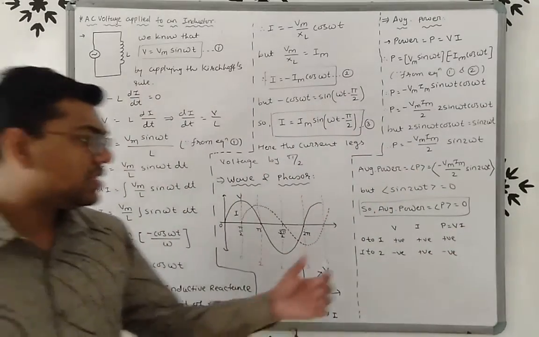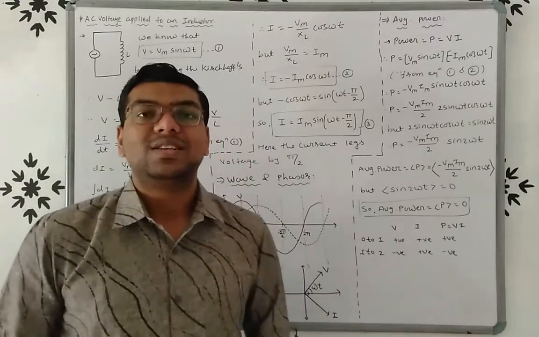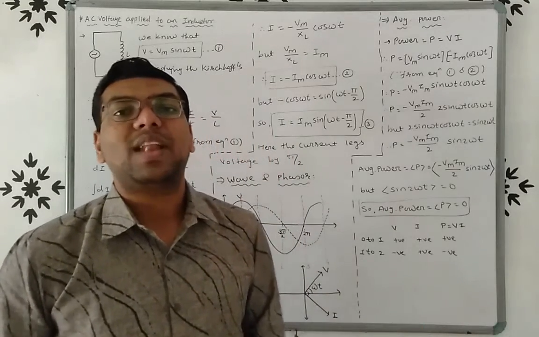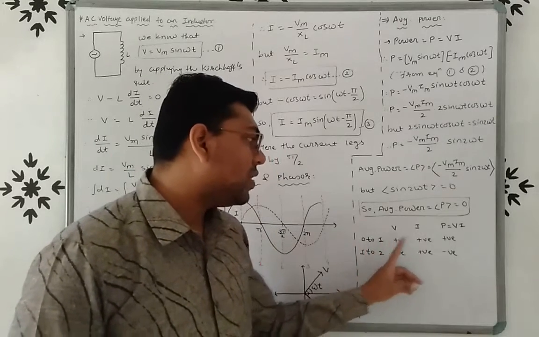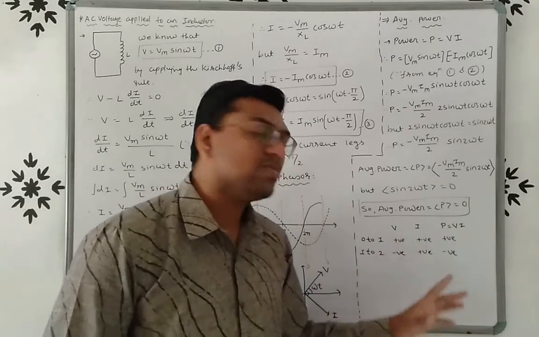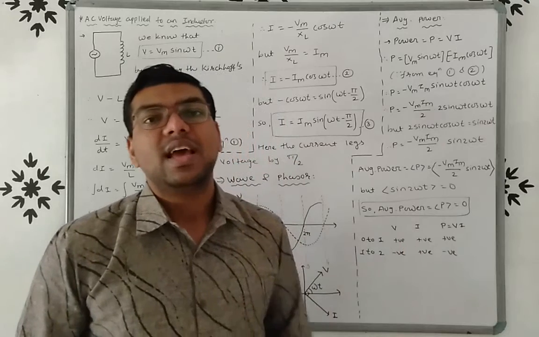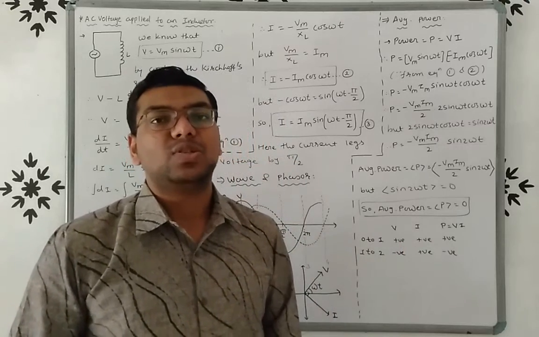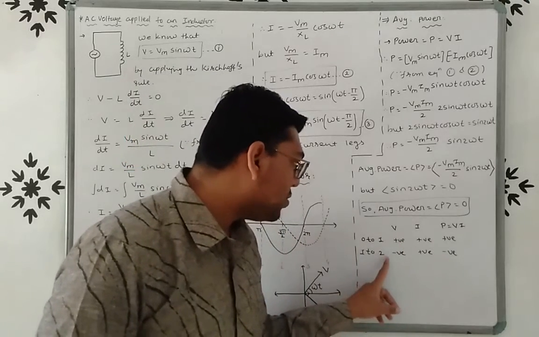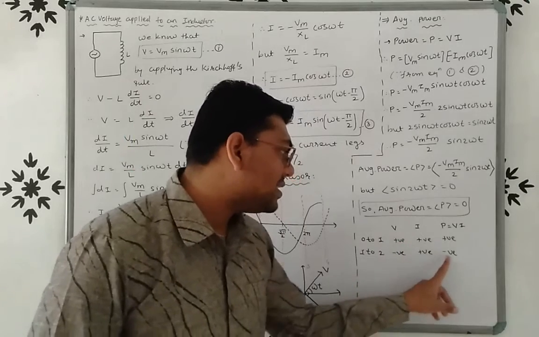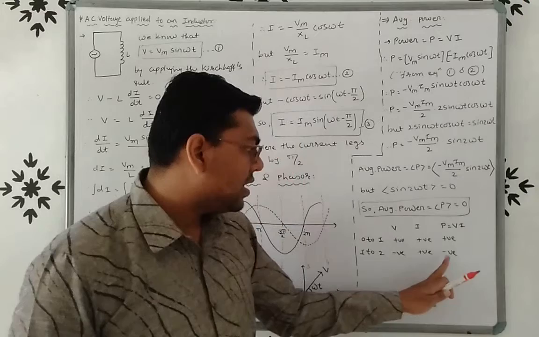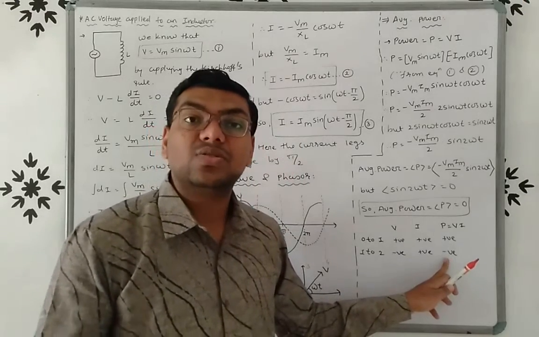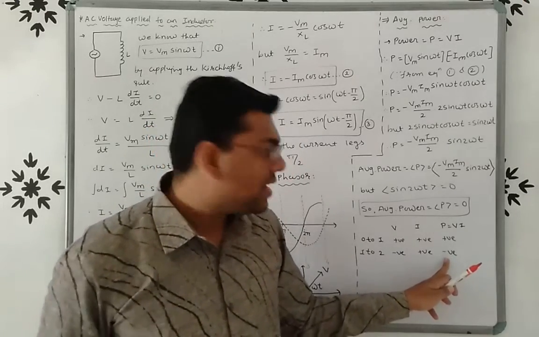So in this case, the energy is supplied by the source. So in 0 to 1, the product of V and I is positive, so the energy is absorbed. And from 1 to 2, the product of V and I is negative, so energy is supplied, right?